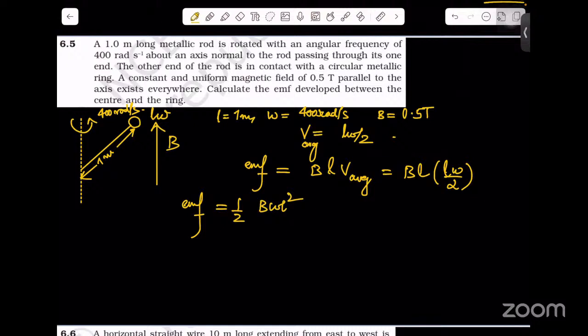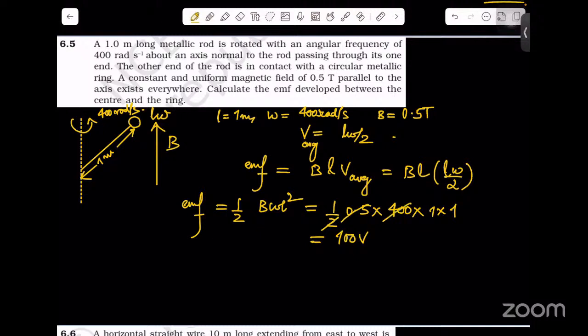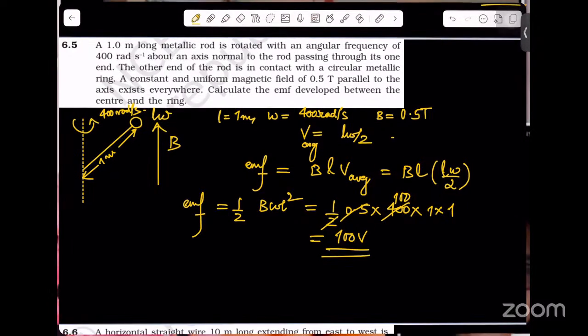So this is half, B is 0.5, omega is 400, and L squared is 1, so this is 100 volts. Half of 200 is 100. So the induced EMF is 100 volts.